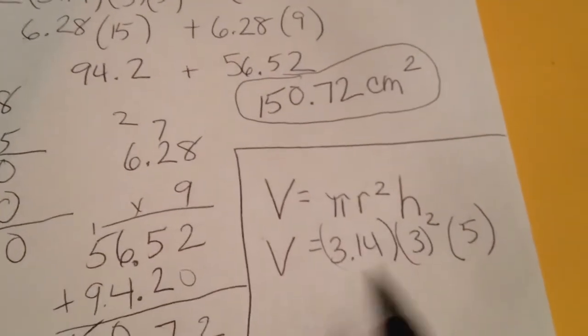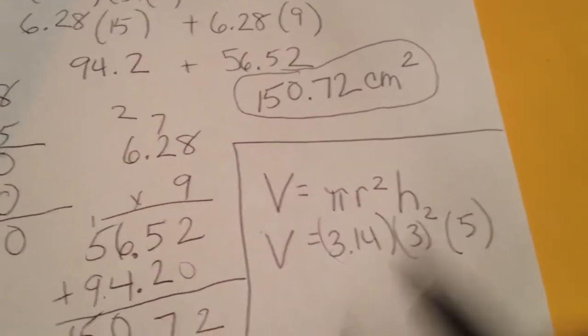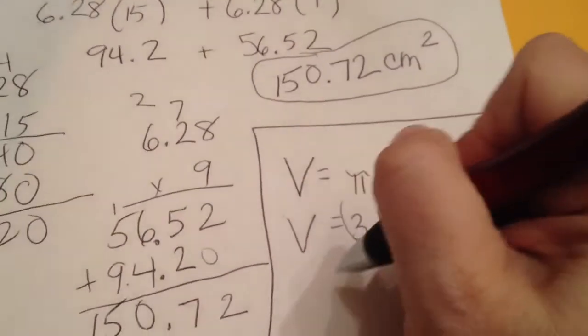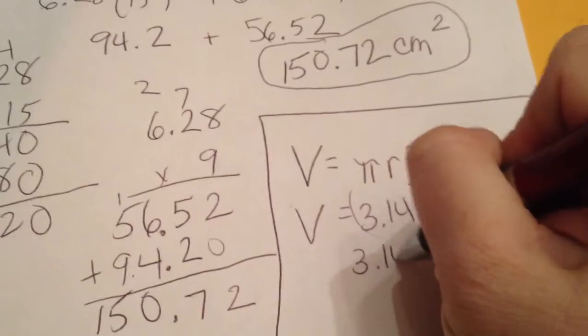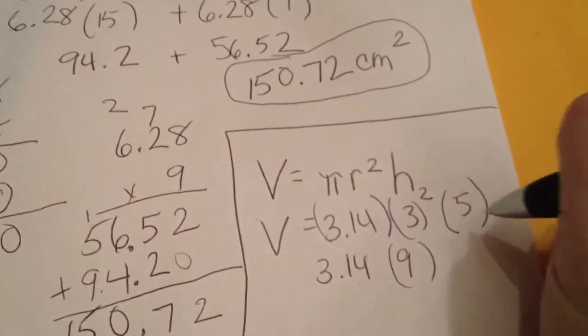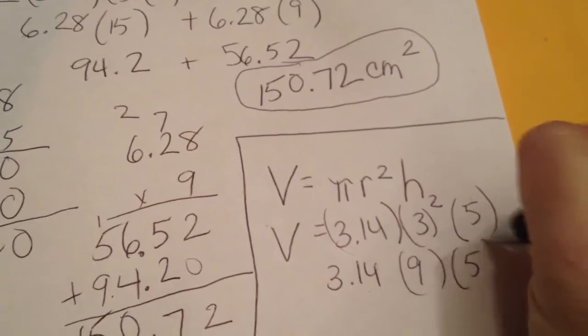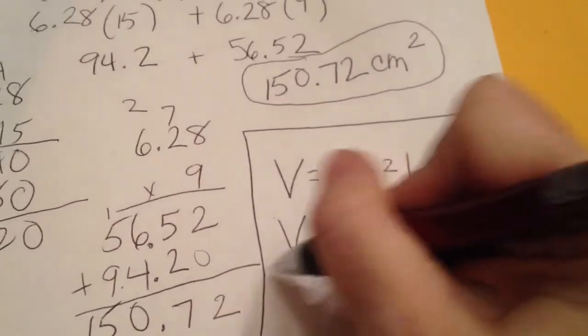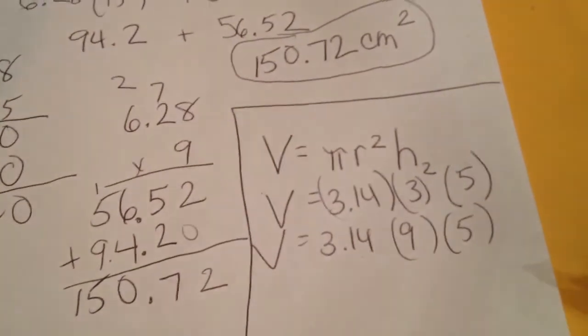And then my order of operations says I have to do exponents first. So I'm going to do 3.14 times 3 squared, which is 9. And then times 5. And then I'm going to go ahead and multiply all my numbers together.